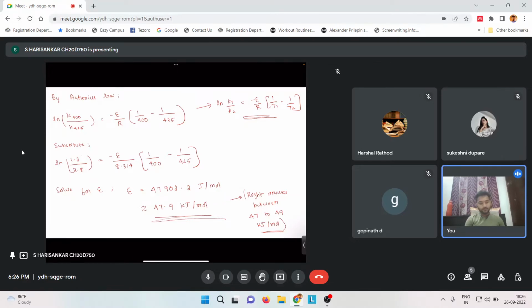Now all we have to do is rearrange this and solve for E, which is the activation energy, and we'll get the activation energy as 47,902.2 joule per mole, and they have asked us to find the value in kilojoule per mole. So we'll get the value approximately as 47.9 kilojoule per mole. Okay, so the right answer for this question lies in the range between 47 to 49 kilojoule per mole.